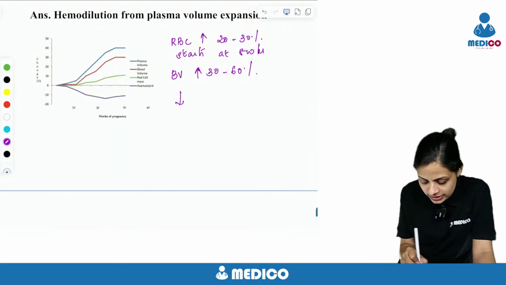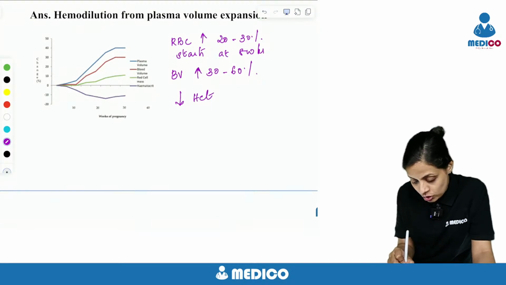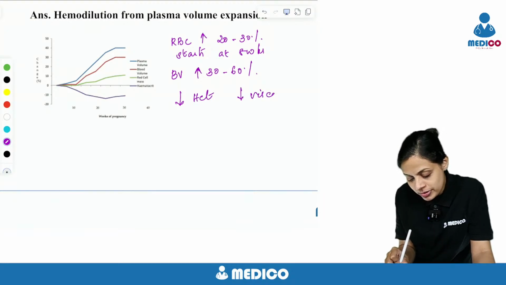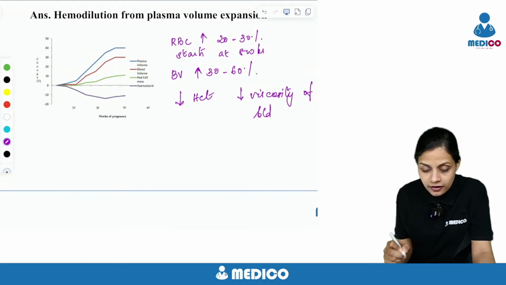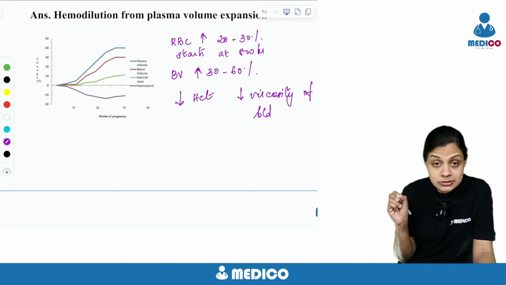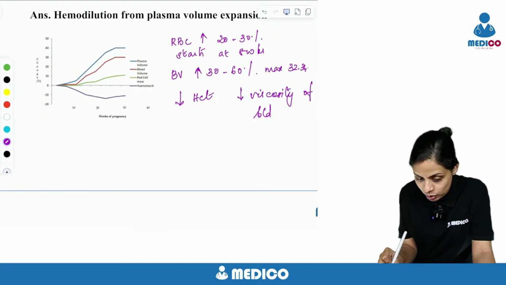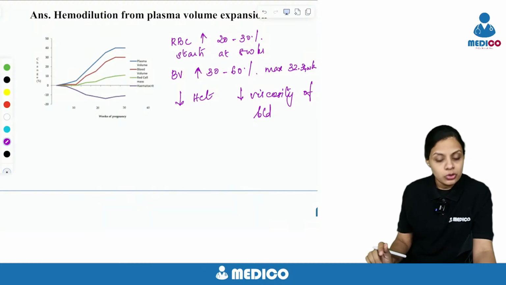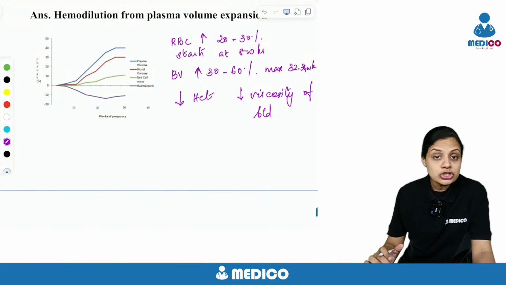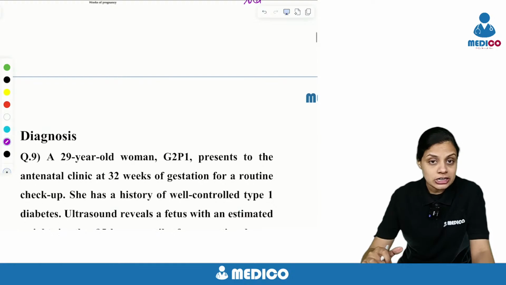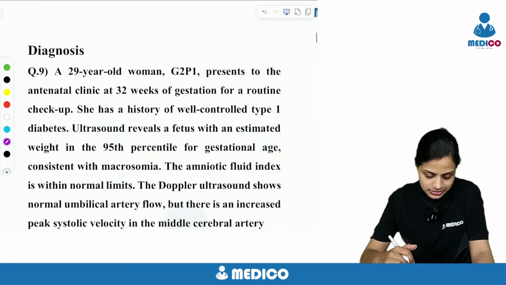There is a fall in the hematocrit and a fall in the viscosity of blood. All these are only physiological processes. Blood volume increases maximally at 32 to 34 weeks. So here it is due to hemodilution occurring as a result of the plasma volume expansion.